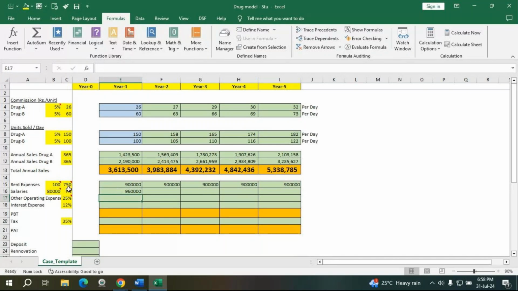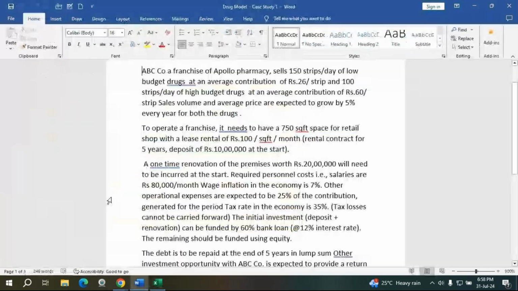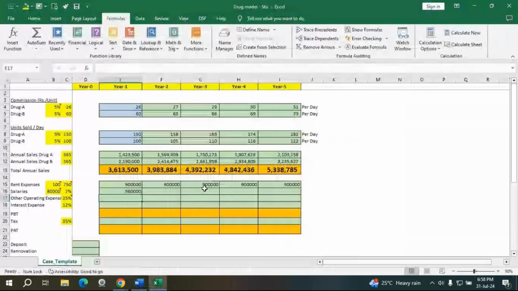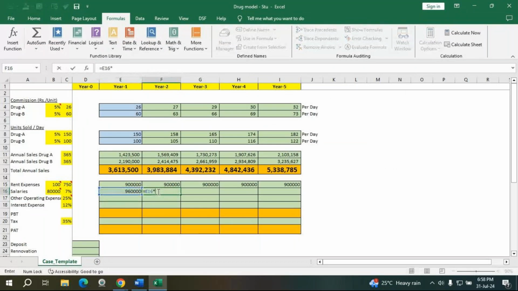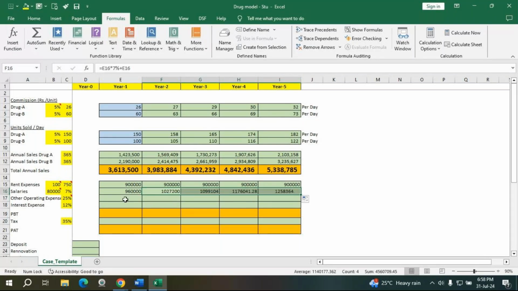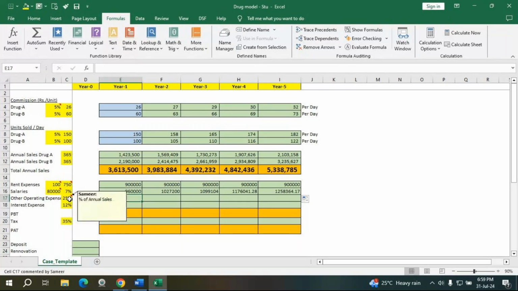They are telling 7% increase in the salary, that is, monthly wages with wage inflation of 7%. So here I'll write equals previous year value into 7% plus the previous year value. So it is going to increase. Then other operating expenses, 25% of your annual sales.